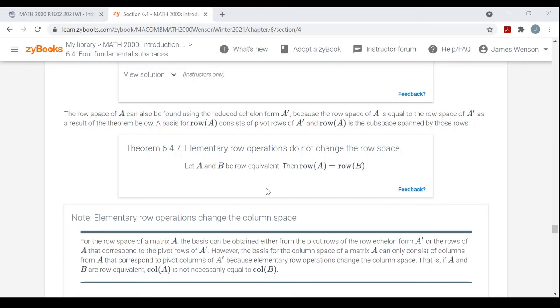Again, you don't need to do this, and this is for the row space only. If you're given a matrix and you're asked for the row space, you can put it in echelon form or reduced echelon form, and then any rows that have a pivot in the echelon form will form a basis for the row space of the original matrix.